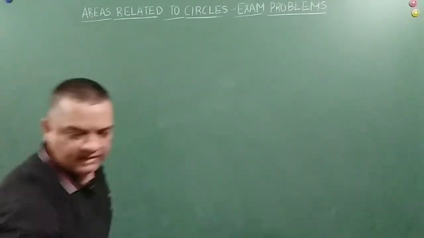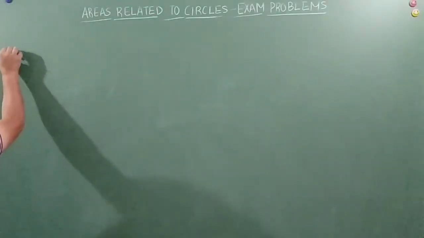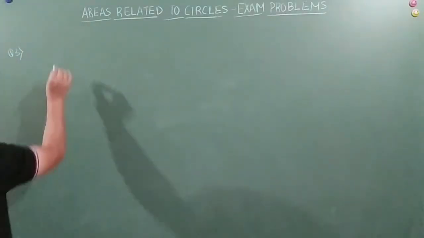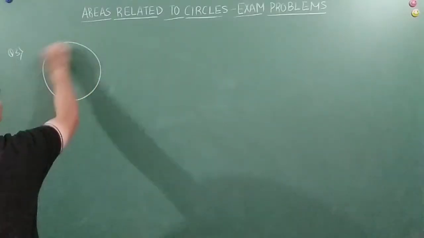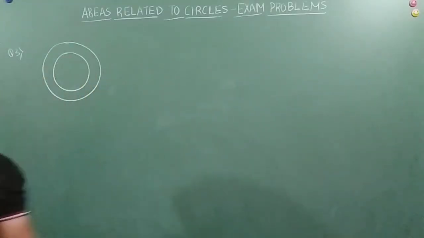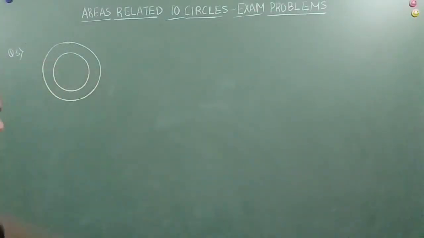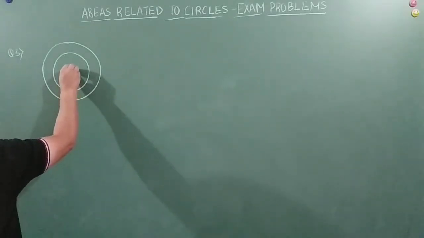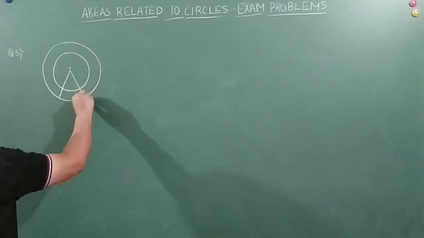Okay. The next one, this is question number 3 basically. So what is given to us is two concentric circles, friends, which I have drawn here. From the center, that is O, one sector is drawn like this.